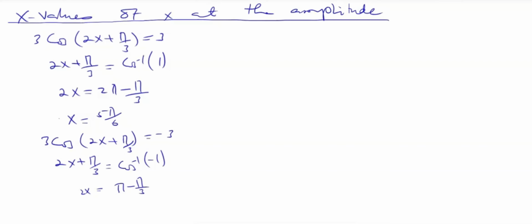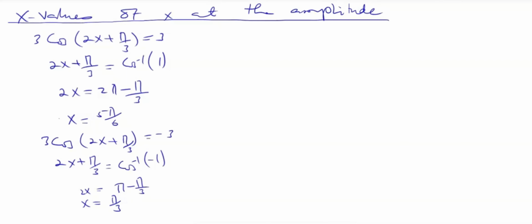Then 2 pi over 3, so divide by 2, so that gives me pi on 3. Yeah, 2 pi over 3, so the divide by 2, then the 2 goes.